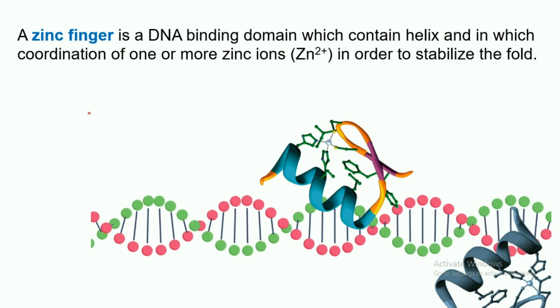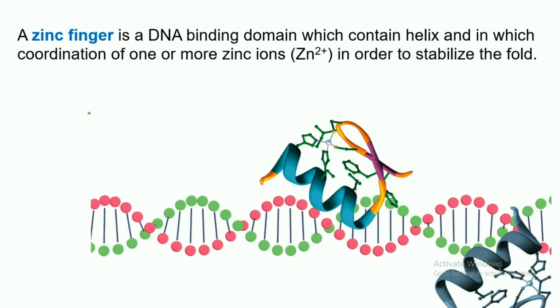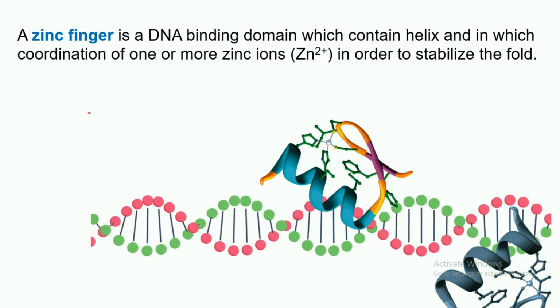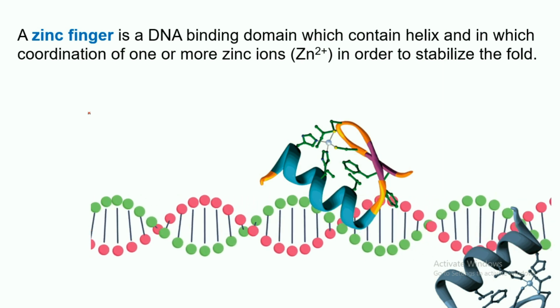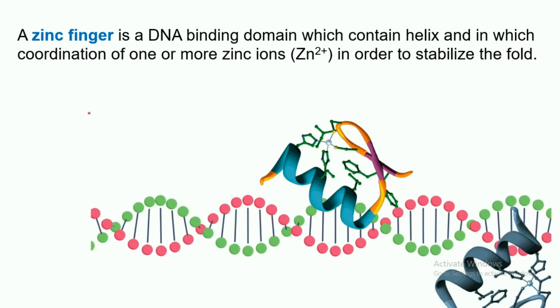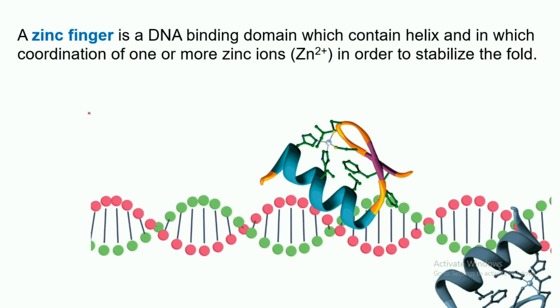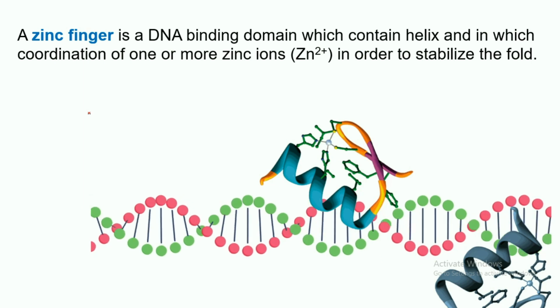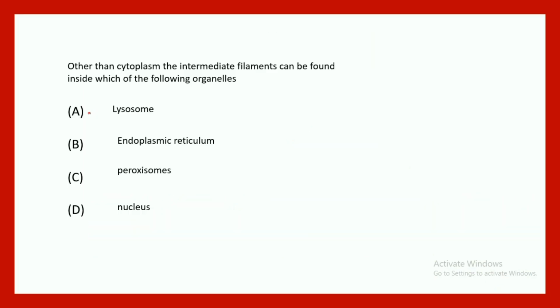So they can bind to a specific region in the DNA. Okay. Now, for example, the steroid receptors have zinc finger in their DNA binding domain, so they could be most likely transcription factors.